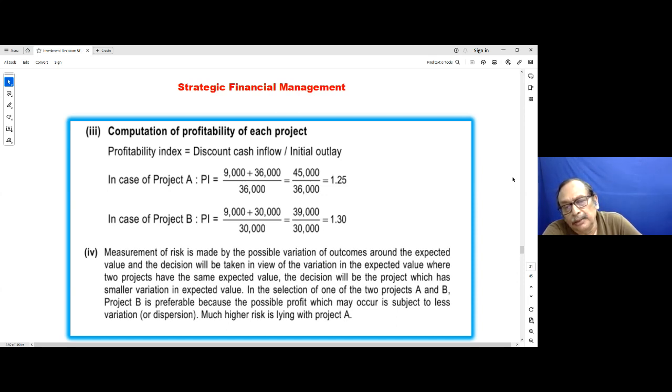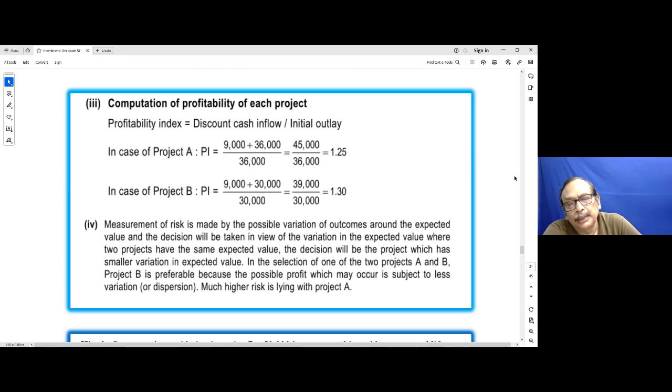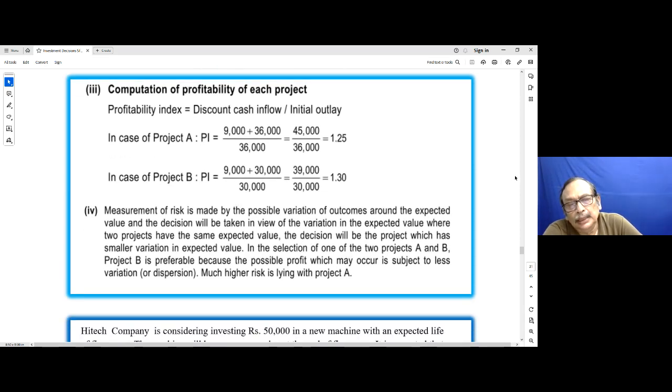Now, measurement of risk is made by the possible variation of outcomes around the expected value. Where two projects have the same expected value, the decision will be the project which has smaller variation in expected value.